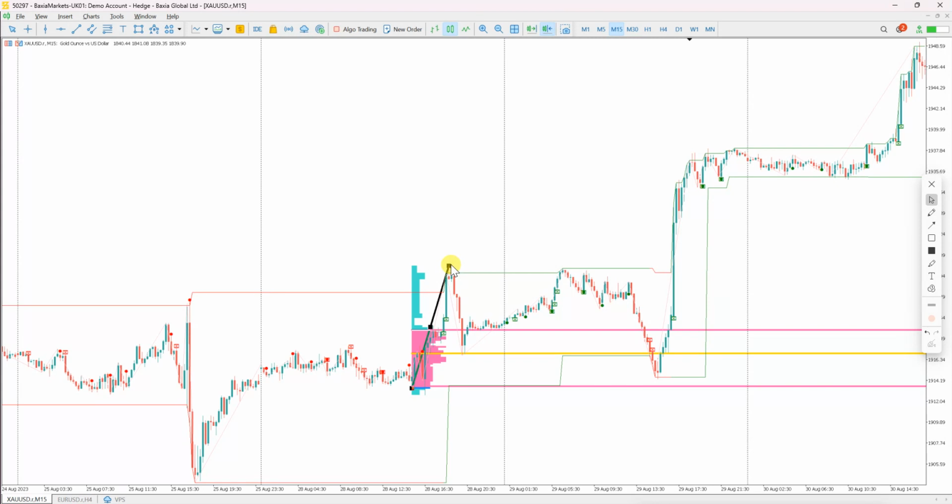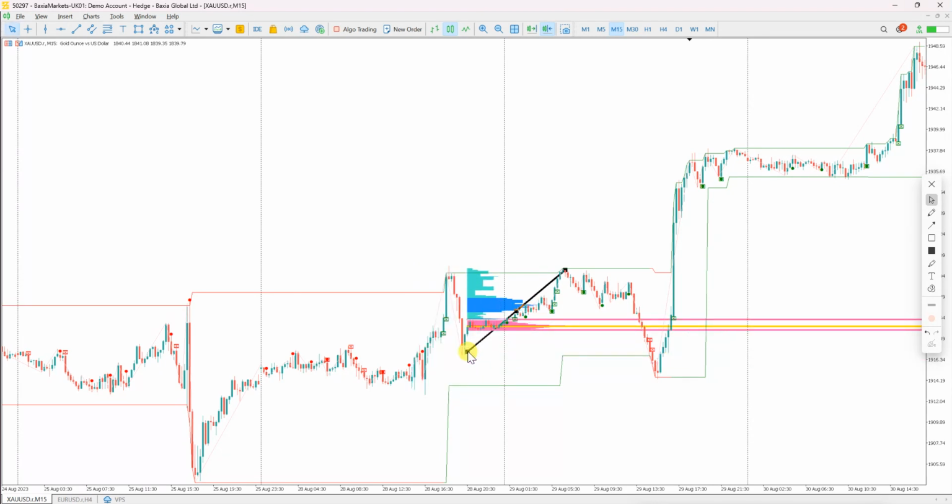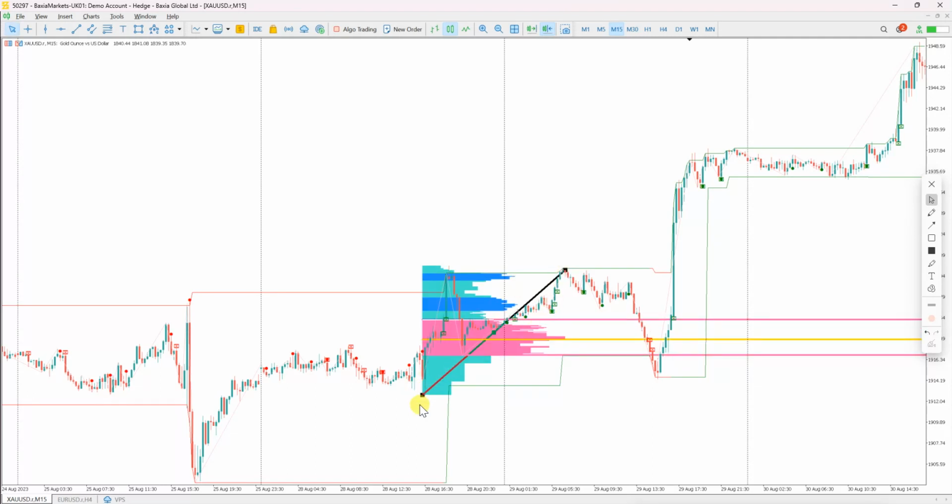Let's say from this swing low to this swing high. Price again grabbed the liquidity at the bottom here, and this is the balance area right here.